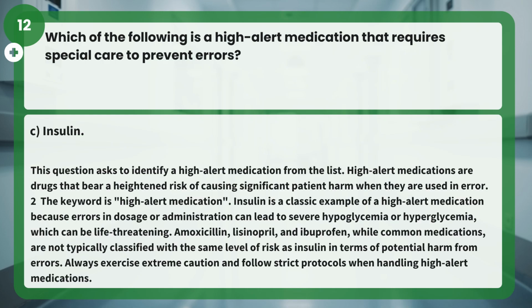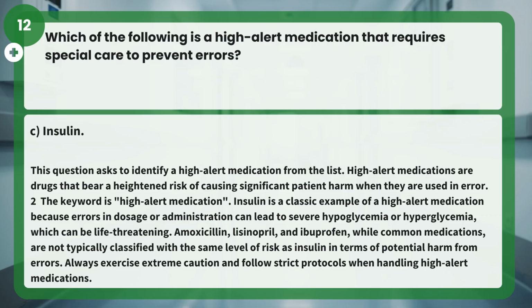Answer C. Insulin. This question asks to identify a high-alert medication from the list. High-alert medications are drugs that bear a heightened risk of causing significant patient harm when they are used in error. The keyword is high-alert medication. Insulin is a classic example of a high-alert medication because errors in dosage or administration can lead to severe hypoglycemia or hyperglycemia, which can be life-threatening.